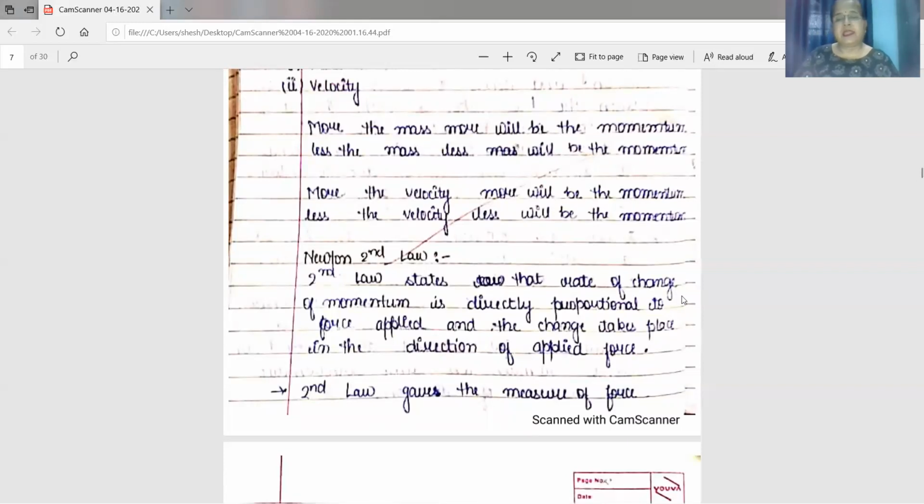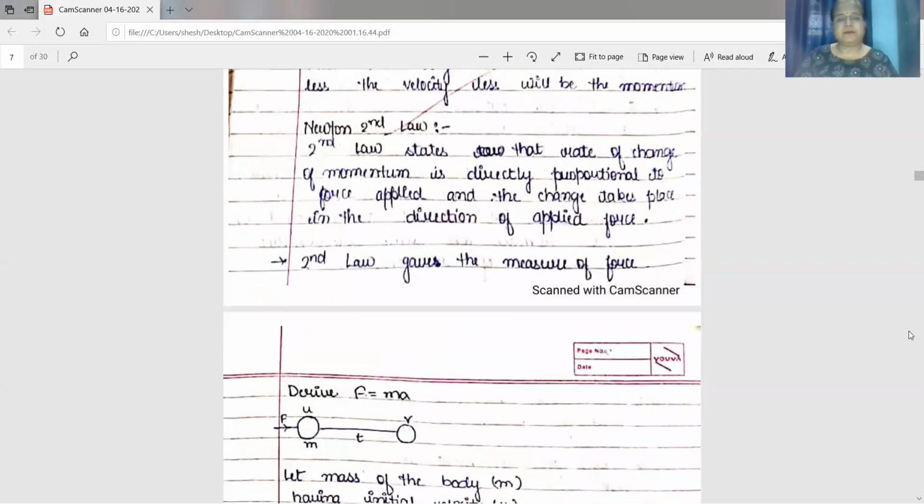I am repeating again, the rate of change of momentum is directly proportional to the force applied, and the change will take place in the direction of the applied force. Newton's second law of motion gives the measure of force, that is, the formula for finding the force, F equals ma. You will get this formula using Newton's second law of motion.